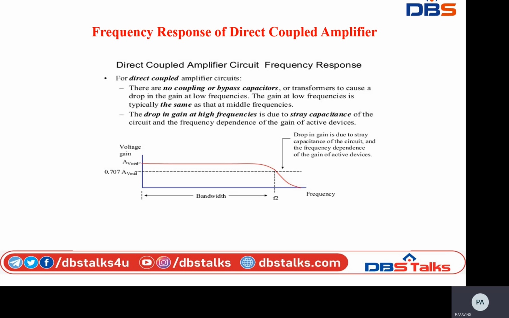In these direct coupled amplifiers, there are no bypass capacitors or coupling capacitors, and also no transformers to cause a drop in gain at low frequencies. But there is a drop in gain at high frequencies only, due to the stray capacitance.